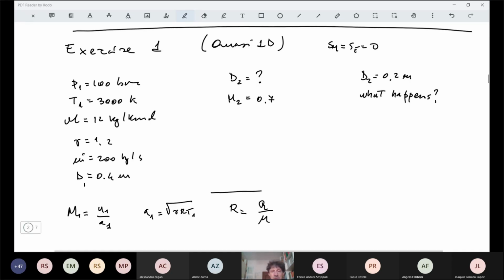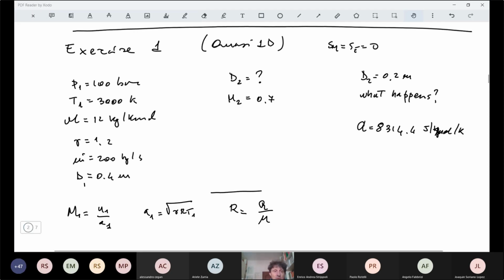So of course you need to recall that R is 8314 ... we can see 0.4, and this is Joule, not kilogram, is kilomole Kelvin.